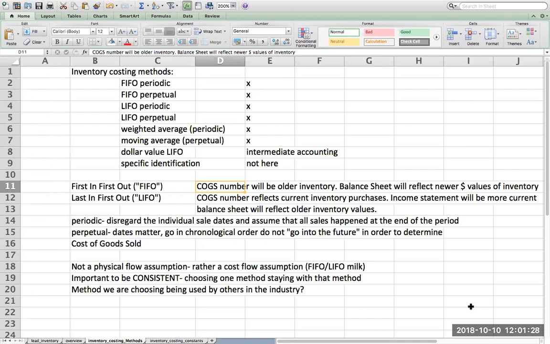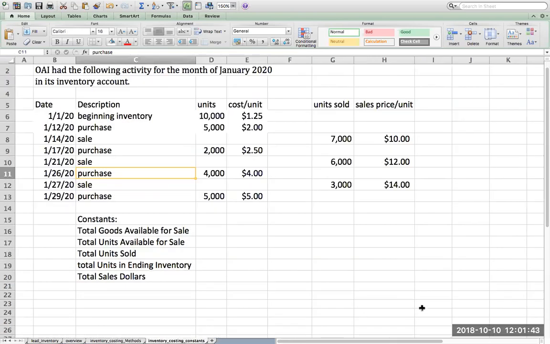So when we're choosing a method, we want to keep that in mind and understand why we're choosing that cost flow assumption to make sure it makes sense with our business.